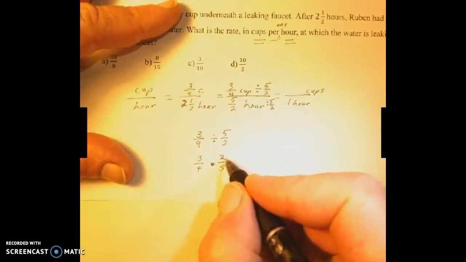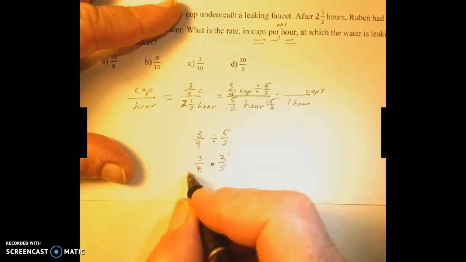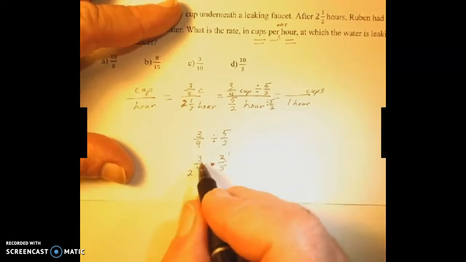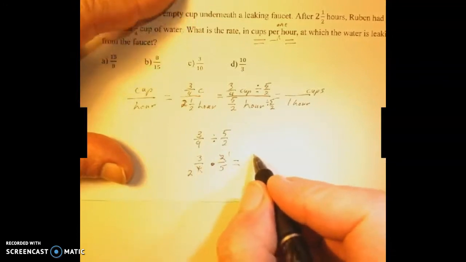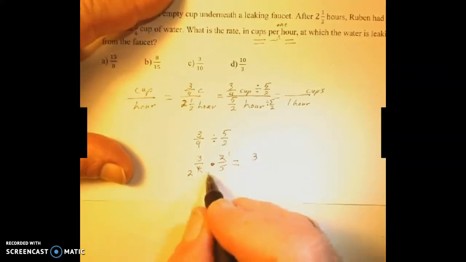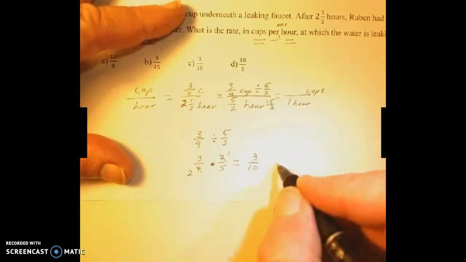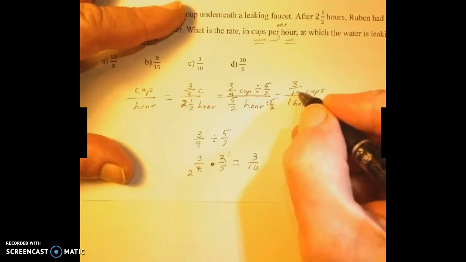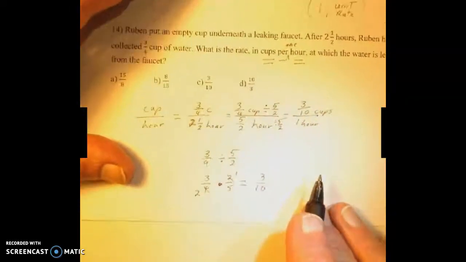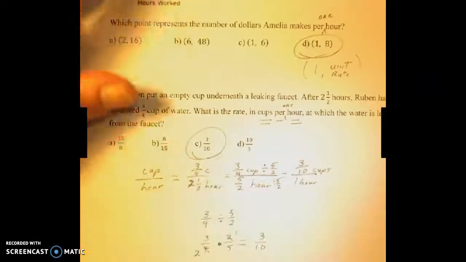So divide both of these by 2, this becomes a 1. 2 divided by 2 is 1. 4 divided by 2 is 2. Multiply numerator times numerator. 3 times 1 is 3. Denominator times denominator. 2 times 5 is 10. That is our unit rate. It is 3/10 of a cup per hour, which, lucky for us, is answer C.